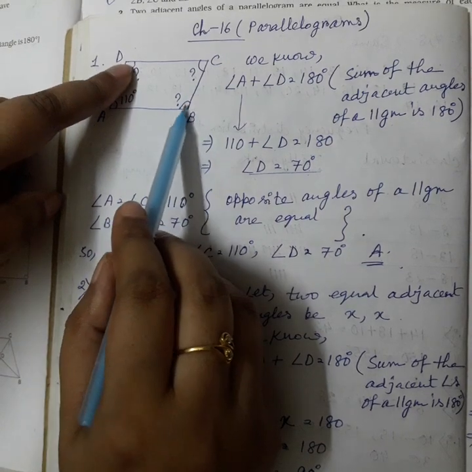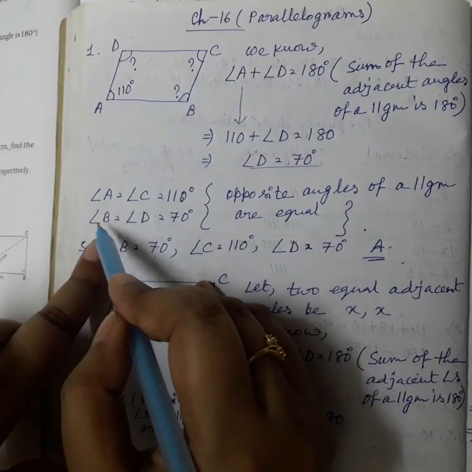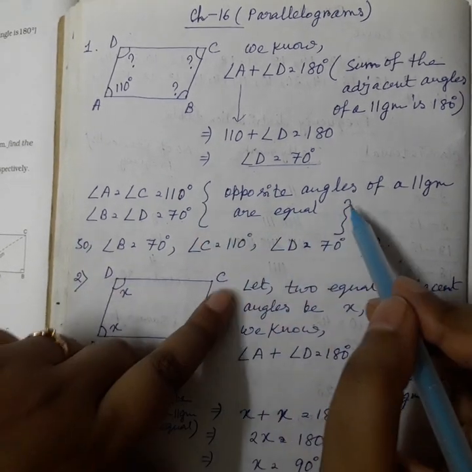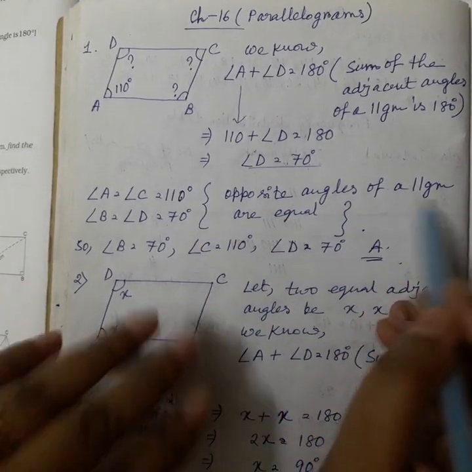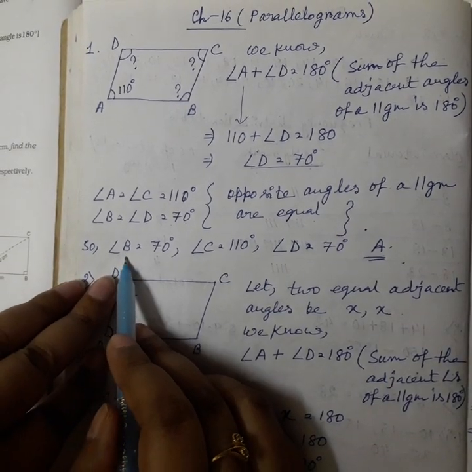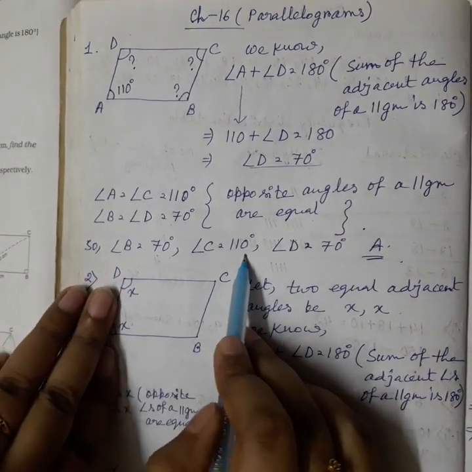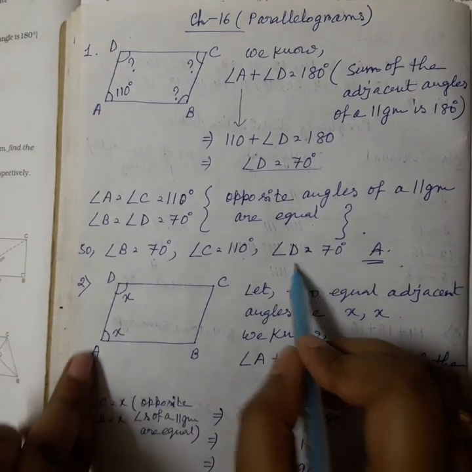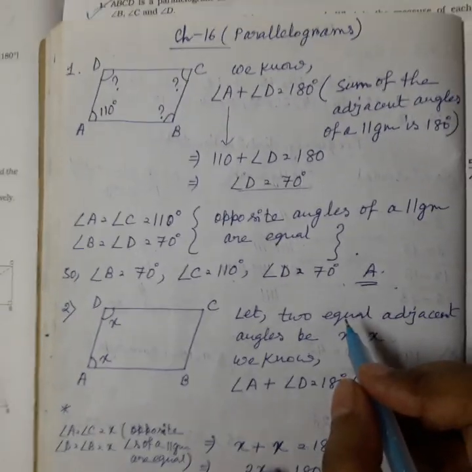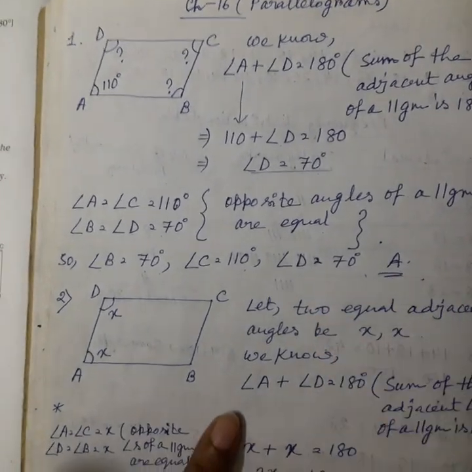So D and B are opposite angles, so angle B equals angle D equals 70 degrees. For both of these the reason is: opposite angles of a parallelogram are equal. So separately I have written the answer: angle B equals 70, angle C equals 110 and angle D equals 70 degrees. Okay, today up to this, next day we will discuss.